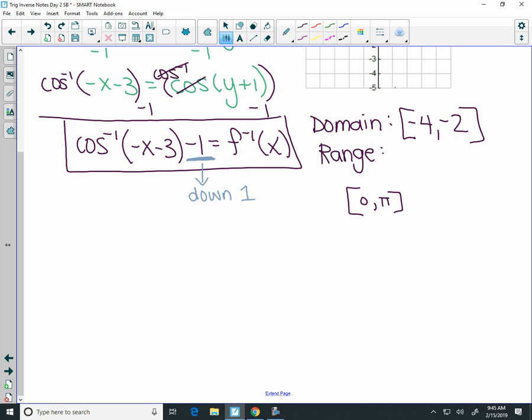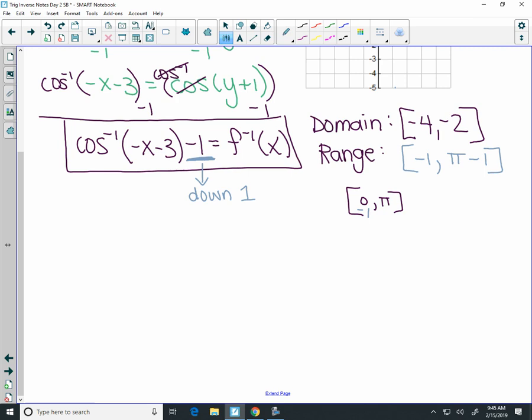So here's how I would write it. 0 minus 1 would be -1. Pi minus 1 I would just write as pi minus 1. You're going pi units down 1. That'll get you the exact value.